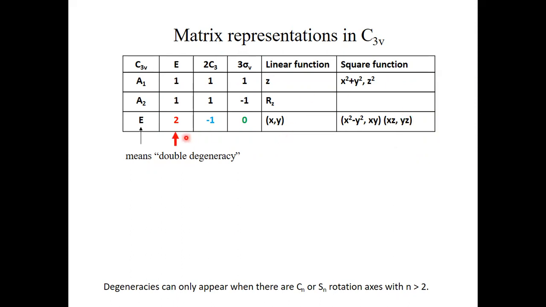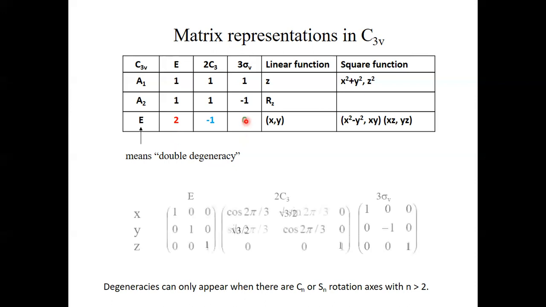Okay, so now how do we explain these characters here, 2, -1, and 0? We can explain them through our transformation matrices. So let's look at them. We see here the transformation matrix for the identity.